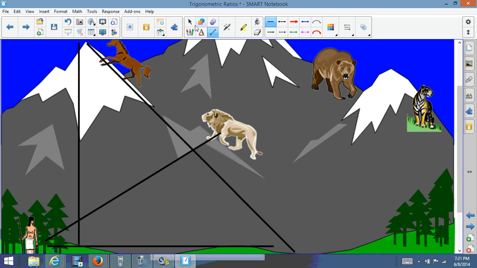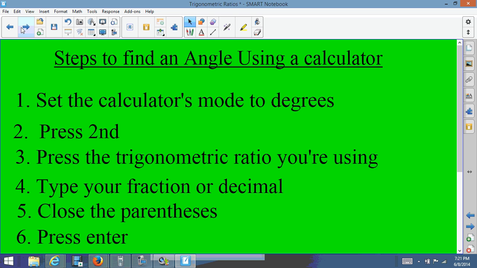So let's talk about angles. Here are the steps to find an angle using a calculator. Step 1, set the calculator's mode to degrees. That's important. Make sure it's in degrees. Step 2, press second. Step 3, press the trigonometric ratio you're using.